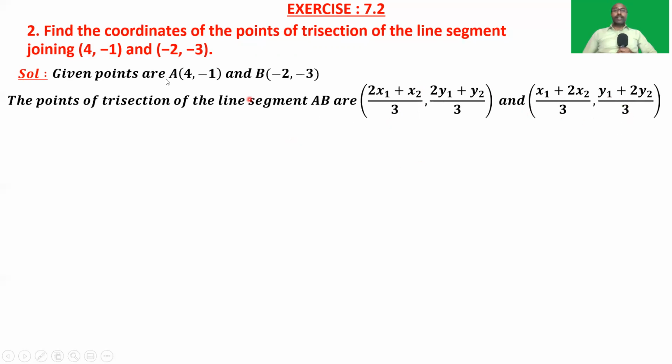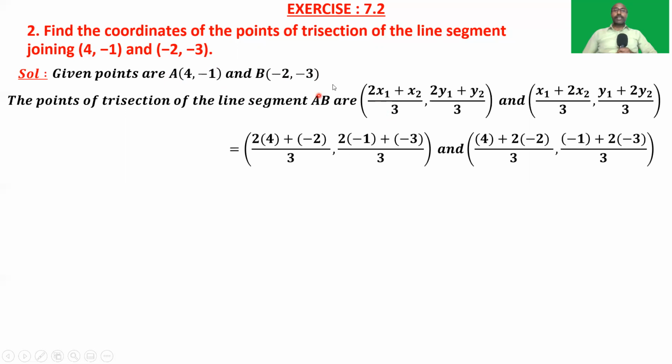So substituting this x1 y1 and x2 y2 in this formula, we get 2 into 4 plus -2 by 3, 2 into -1 plus -3 by 3, as well as the second trisection point, x1 plus 2x2 by 3, that is 4 plus 2 into -2 by 3 comma -1 plus 2 into -3 by 3.